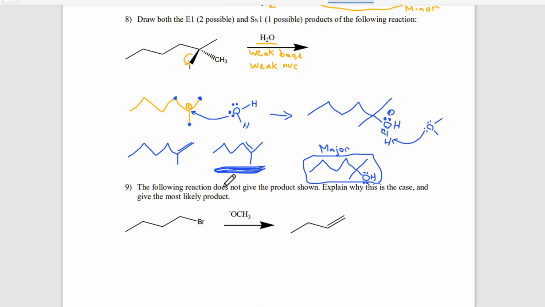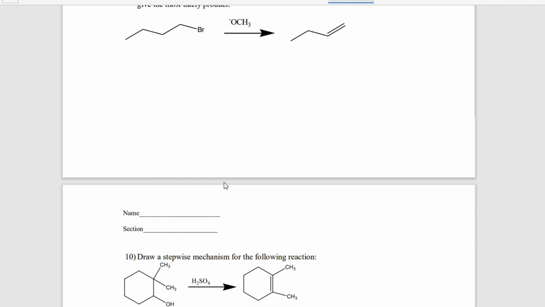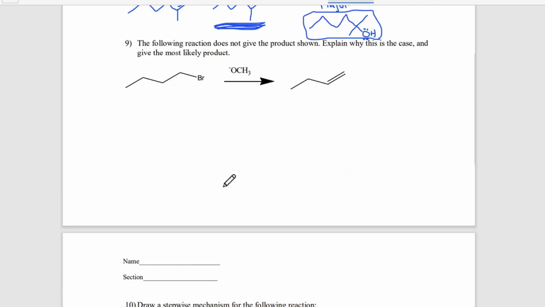All right, so let's do the next one. The following reaction does not give the product shown. Explain why this is the case and give the most likely product. What do you think?